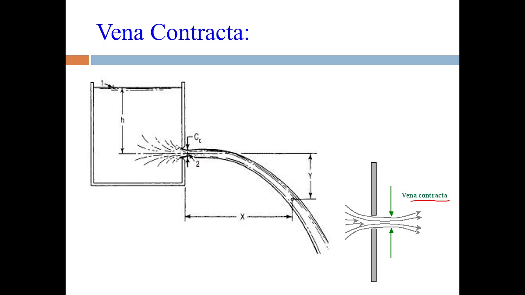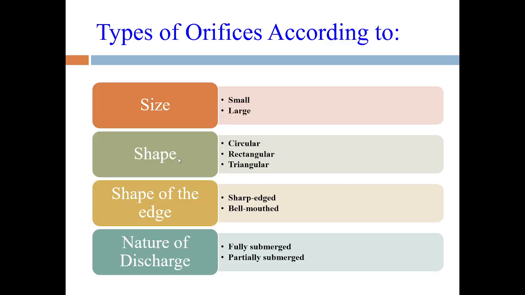Usually this point is near the orifice, because at that point the flowing water is contracted. You can see this is the point of contraction. Depending upon the size, shape of the edge and nature of the discharge, we distribute orifices into various types.